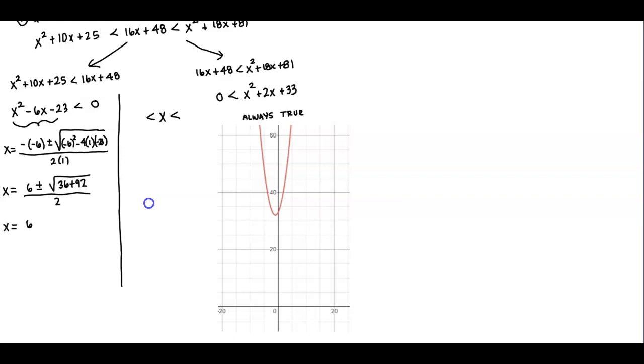So x is going to equal 6 plus or minus the square root of 128 over 2. And if we simplify the square root of 128, we get 6 plus or minus 2 times the square root of 32 over 2.